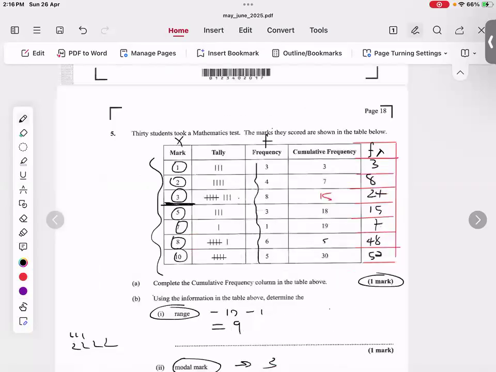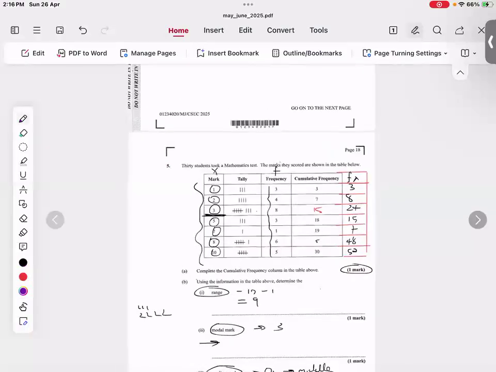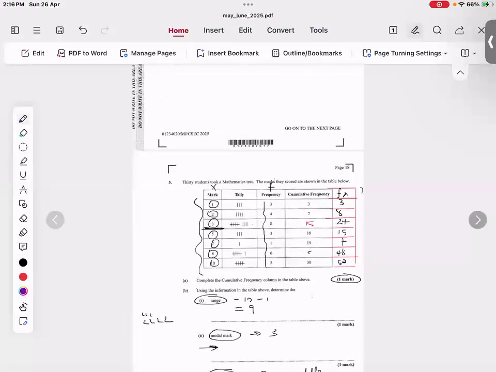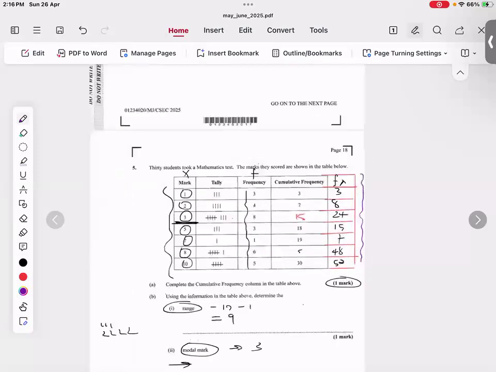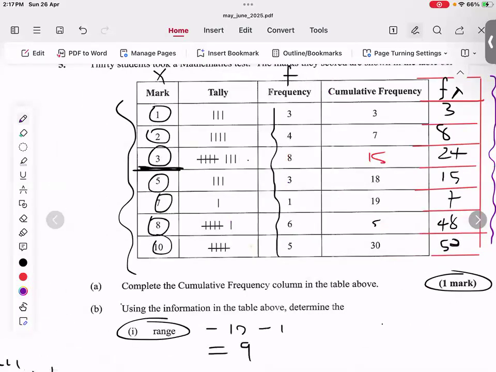All right. So therefore now, for us to find Σfx, we basically have to simply add up the numbers in the fx column right here. So please go ahead and add up those numbers. Tell me what those answers are, please. What is 3 plus 8 plus 24 plus 15 plus 7 plus 48 plus 50? I'm getting 155.